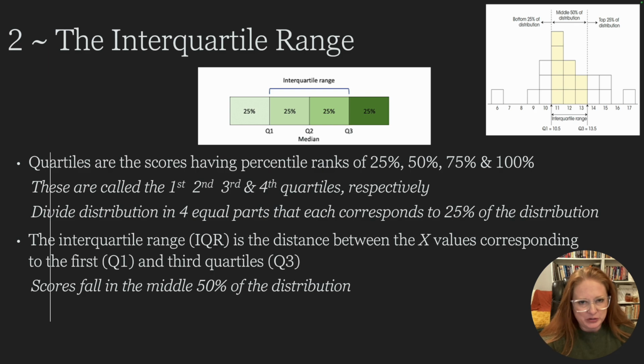When you break it down by percentage, it sounds like 25%, which would be 1 quarter, 50%, which would be 2 quarters, 75%, 3 quarters, and then 100%, which would be 4 quarters or $1. Yes, they do call them first, second, third, and fourth quartiles, respectively. So you would say first quartile for your 25%, second quartile for your 50%, and you keep going.